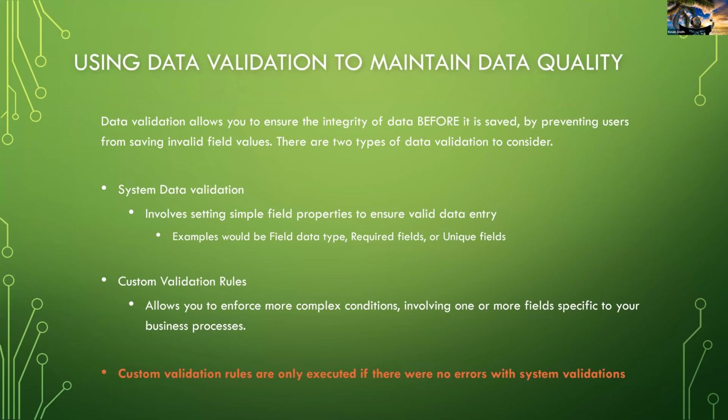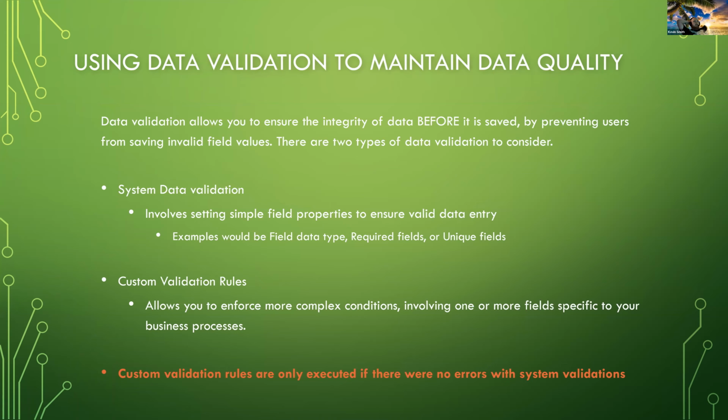All right, data validation. We're going to use it to maintain data quality. Data validation allows you to ensure the integrity of data before it is saved by preventing users from saving invalid field values. There are two types of validation, one being system data, the other one being custom validation rules. System data involves setting simple field properties to ensure valid data entry.